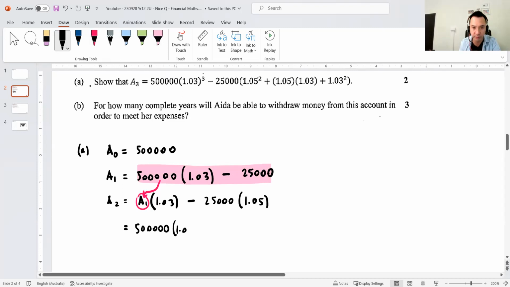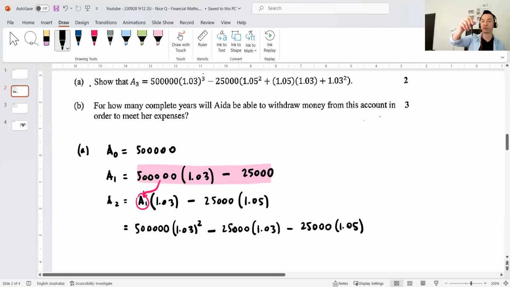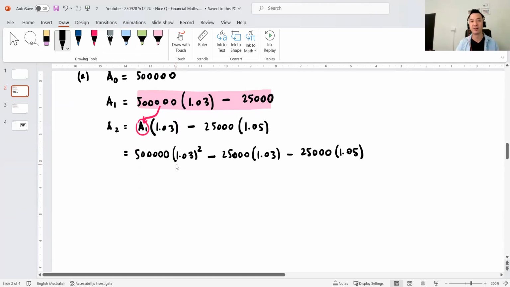So 500,000 times 1.03 squared, because there's two of them, minus 25,000 times 1.03, then minus 25,000 times 1.05. Now, all of a sudden, it gets interesting because it's not your typical 25,000 times 1.05 minus 25,000. It's got two rates in there. Makes this question a bit fancier.